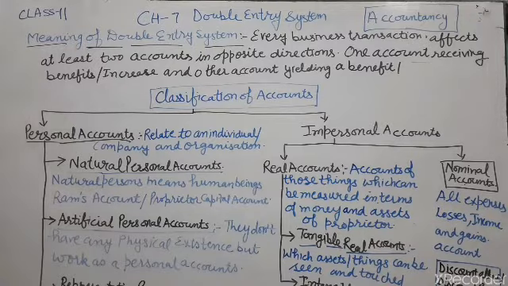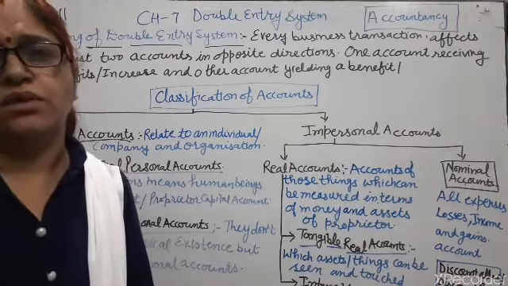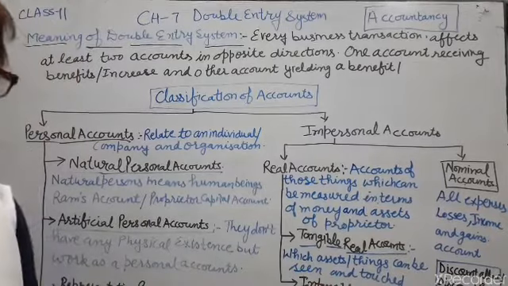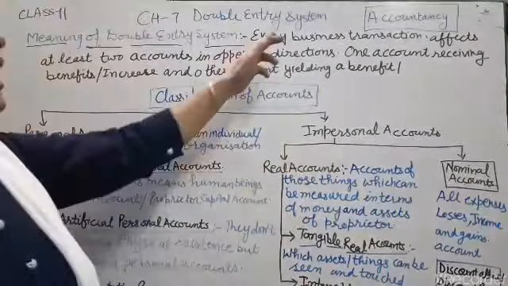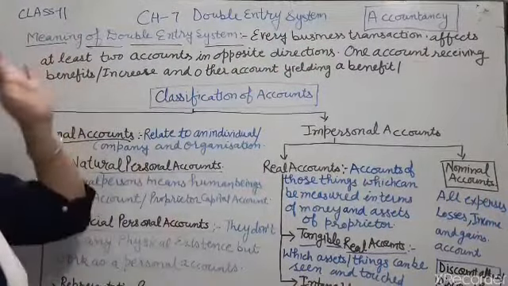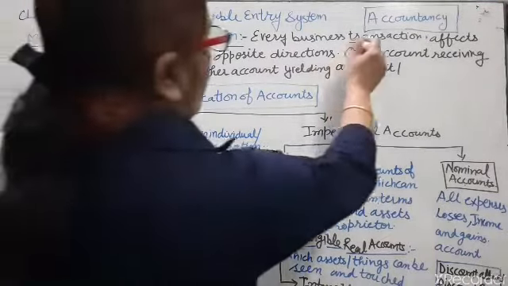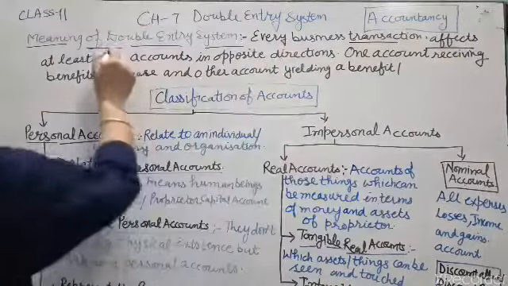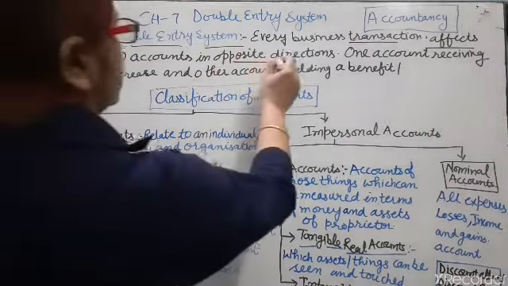Double entry system means each and every business transaction, because we record business transactions in the books of accounts, affects at least two accounts. Every transaction affects at least two accounts, not two times, at least two accounts in opposite directions.